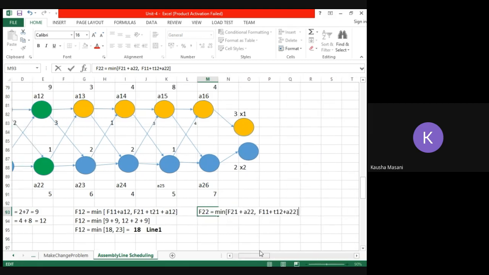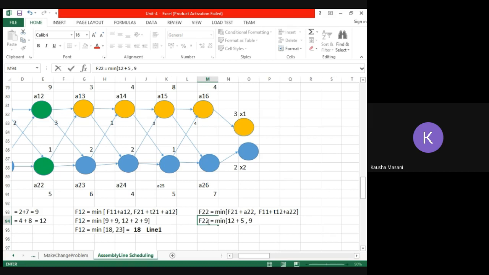Okay, calculate. F21 value is 12 plus A22 value 5.